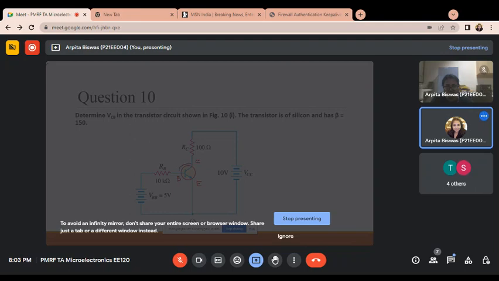Okay, this is VCB. So you have to find out the VCB, and beta 150 is given. It is when IC by IB value is given.